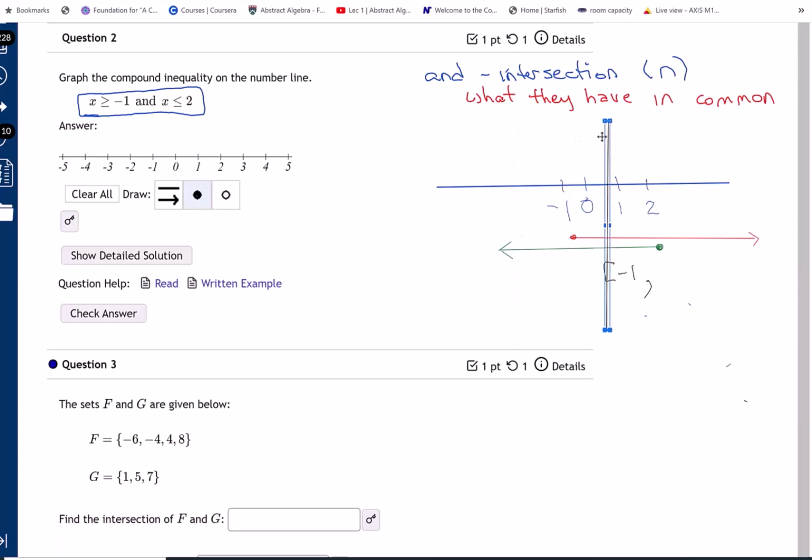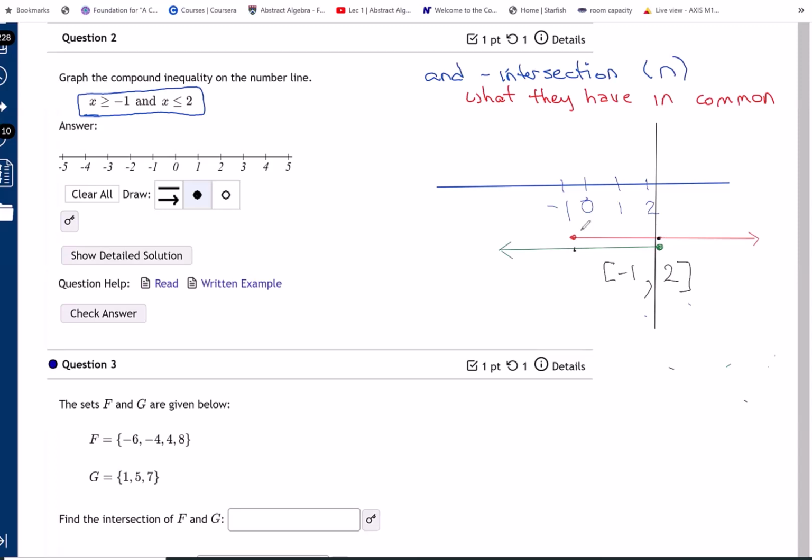And if I move it across, I can see that this is the end of what they have in common at 2. Because then we only have one line after that. And it includes 2 because both points exist at 2. Both points here exist at -1.